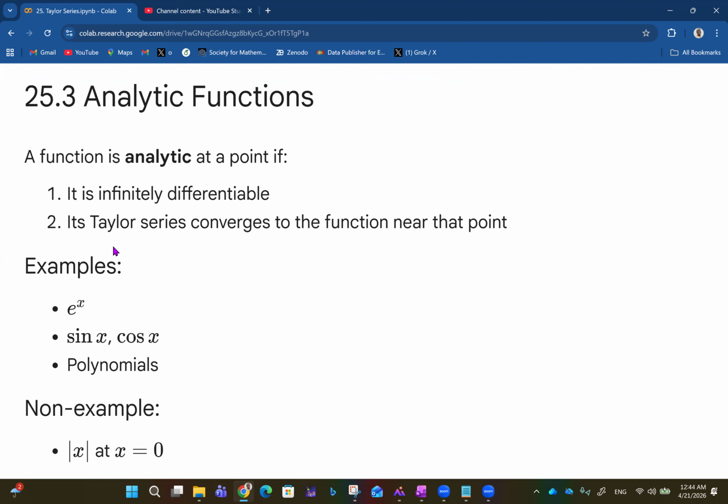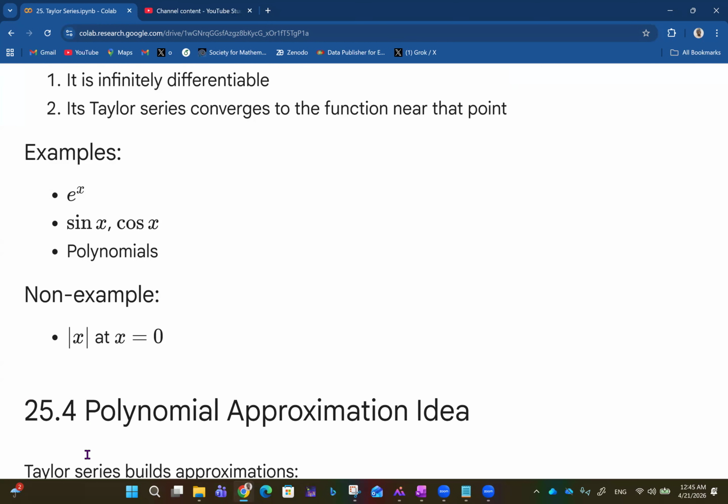Another thing is that its Taylor series converges to the function near that point. Examples include e raised to the power x, sin x, and cos x, and we have polynomials in general. Another example, the absolute value of x at x equals 0, doesn't work in that case. The absolute value of x will not be analytic at x equals 0.